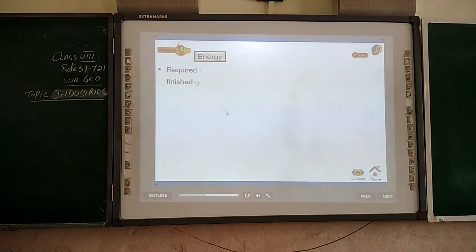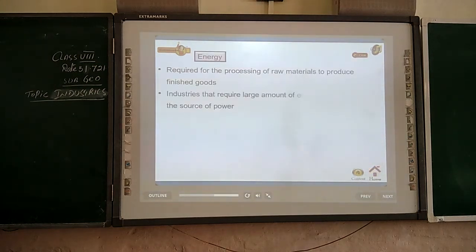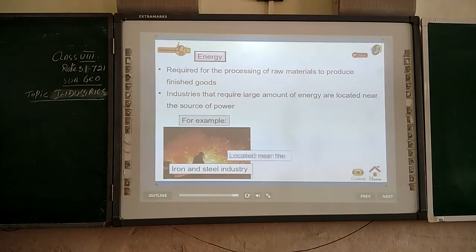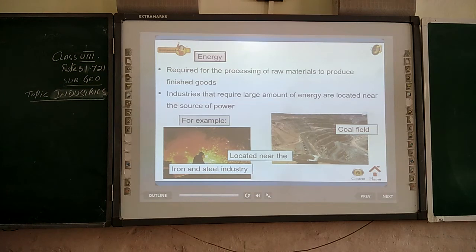Energy. Energy is required for the process. Industries that require a large amount of energy are located near the source of power. For example, the iron and steel industry is located near the coal field.